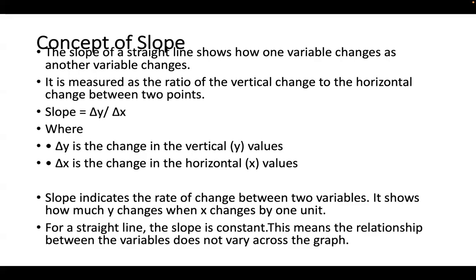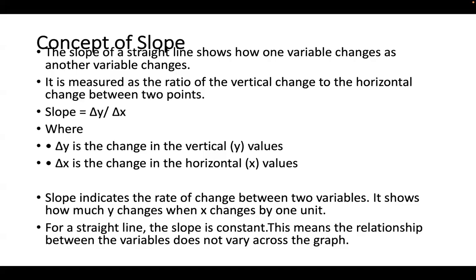When there's a change in the vertical values, the y values, divided by a change in the horizontal values, the x values, then you get the slope. Therefore, the slope indicates the rate of change between two variables. It shows how much y changes when x changes by 1 unit.